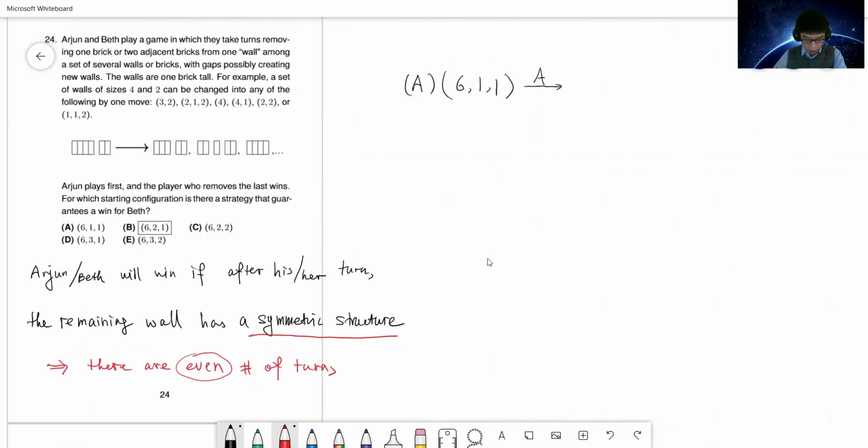For example, we already have two ones. We can split 6 into two twos. Basically, he just removes the middle two bricks, so the wall becomes 2 2 1 1. So this is symmetric. This is what I mean here.